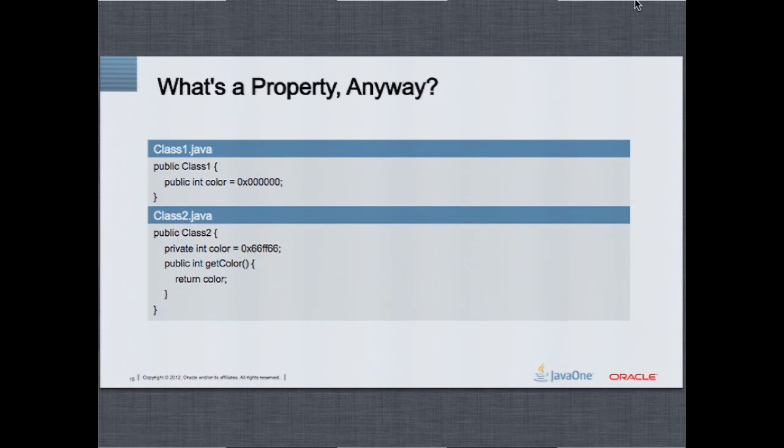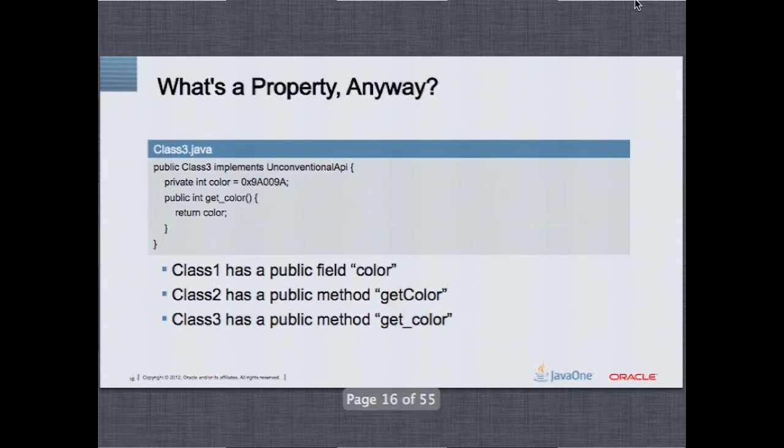You could consider that that public field is something that can reasonably be expected to be addressed when you say object.color. Or you can have a class that has a private field and has a method named getColor that corresponds to the beans property getter naming conventions.